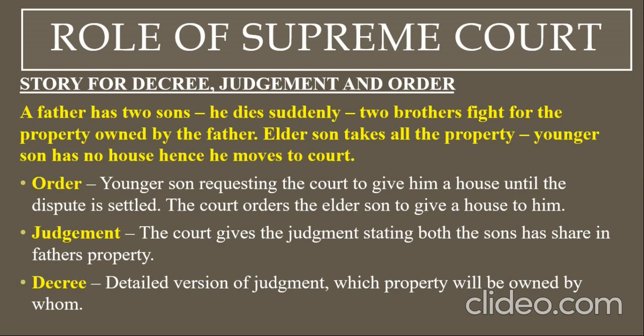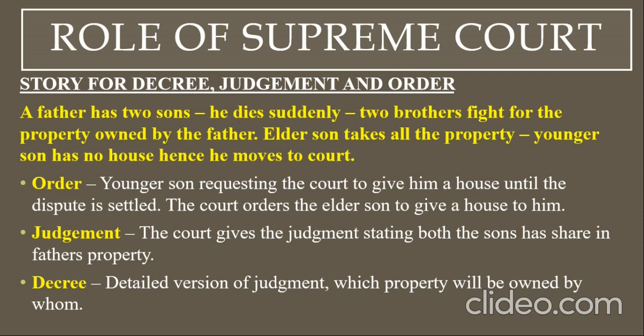So it is an order, which means the court is ordering the elder brother to give one house until the case is solved. It does not mean that the court has completely transferred the ownership of the property to the younger brother. Only until the case is decided can he be in that house. So this is what we call an interim measure.